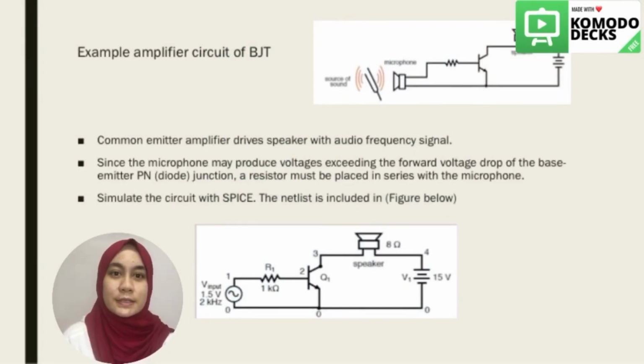Here is the example amplifier circuit of BJT. Common emitter amplifier drives speaker with audio frequency signal. Since the microphone may produce voltage exceeding the forward voltage drop of the base emitter PN diode junction, a resistor must be placed in series with the microphone.